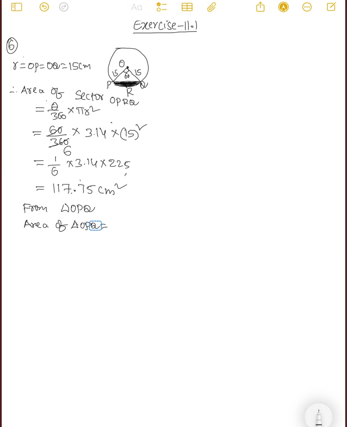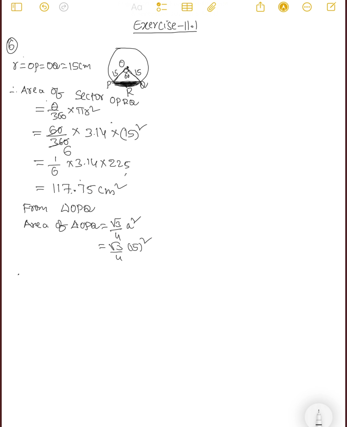So, we know the area of equilateral triangle formula, root 3 by 4 a square. Here a means 15, that means radius OP and OQ. Substitute here, we get root 3 by 4 into 15 whole square. 15 whole square is 225, so 225 into root 3 by 4.